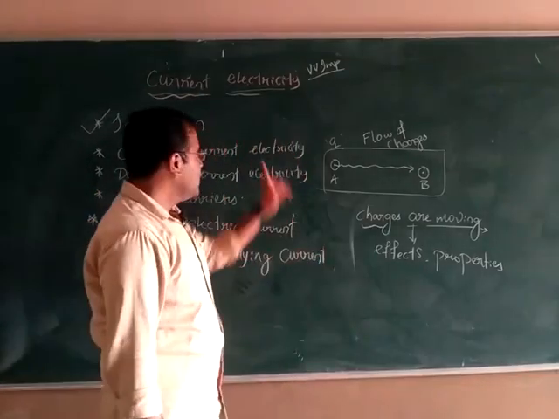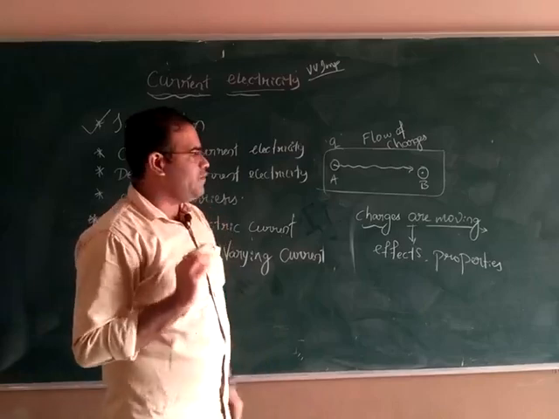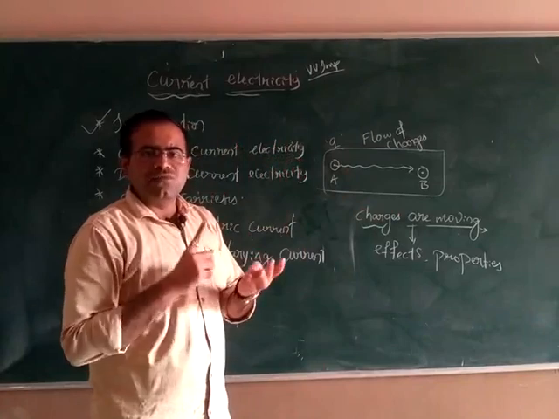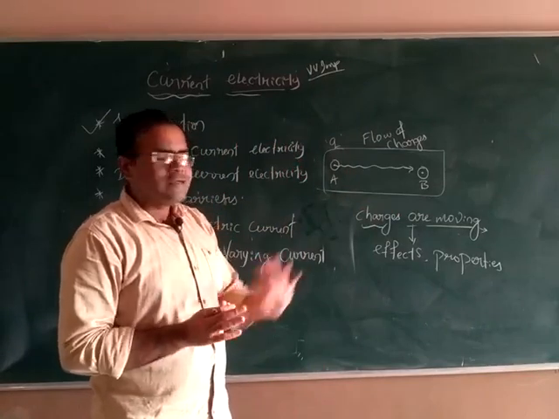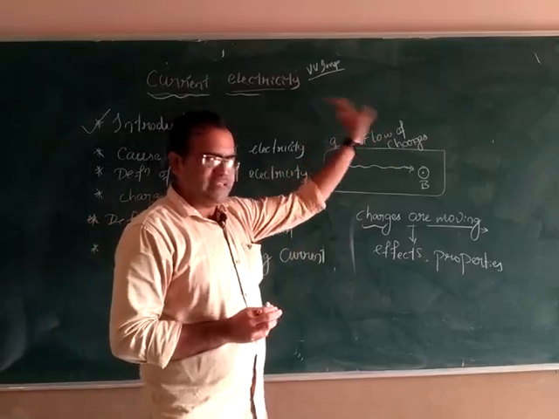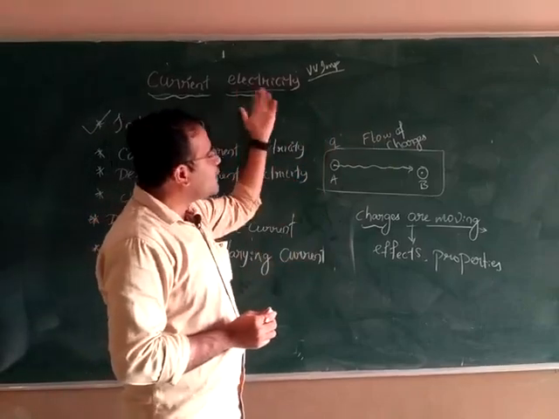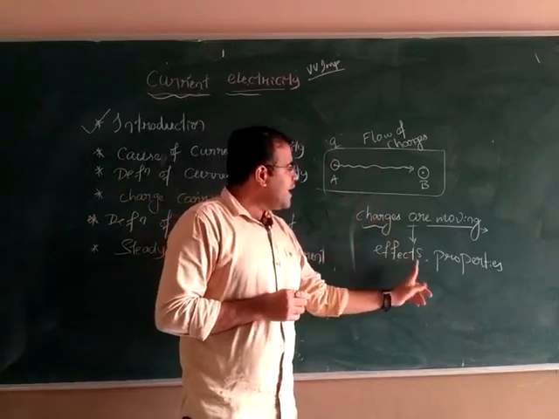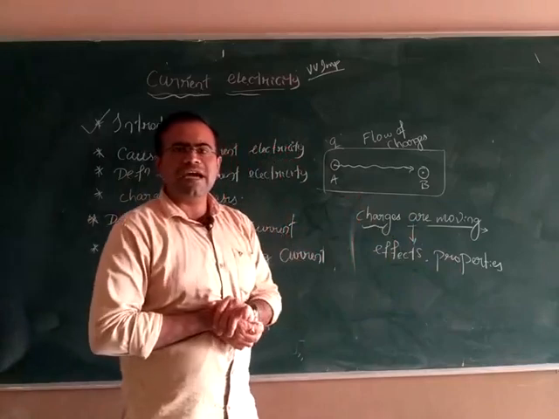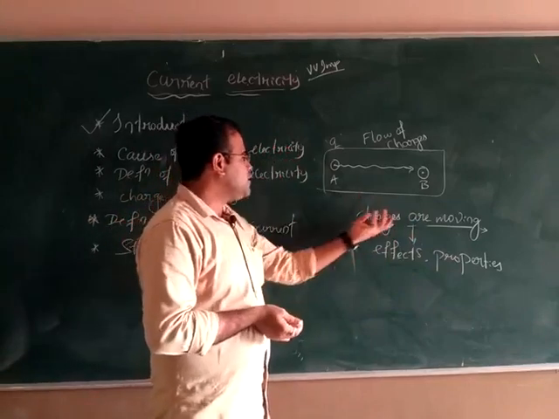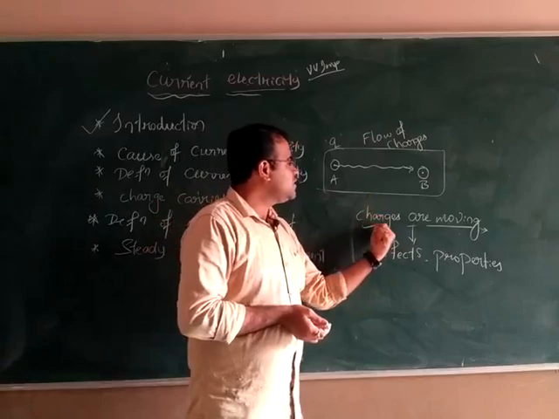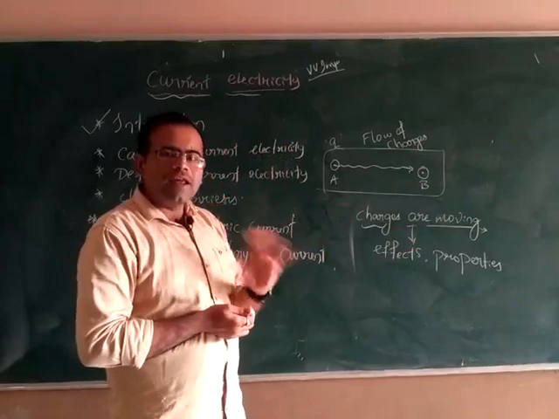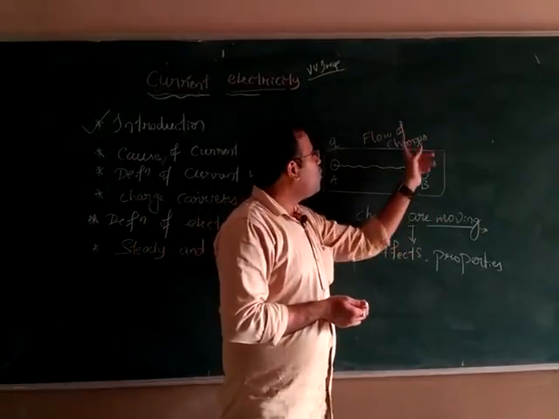Current electricity is very important here. In the previous chapters on electrostatics, we considered only charges in a state of rest. But when we consider current electricity, here you are going to observe effects and properties produced by the charges which are moving, or else what we call a flow of charges.